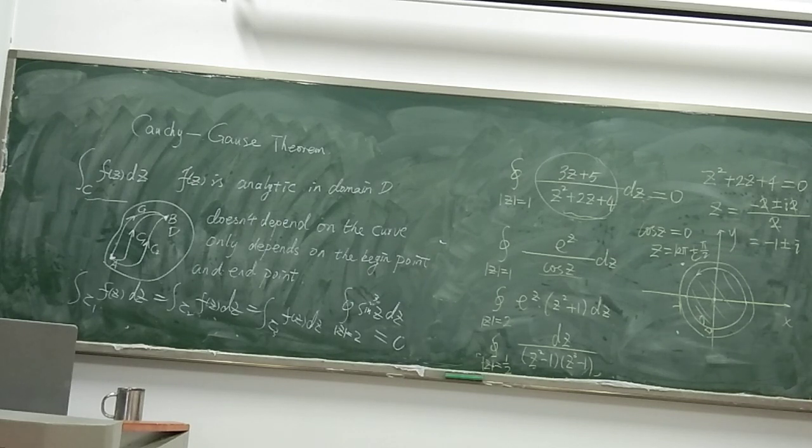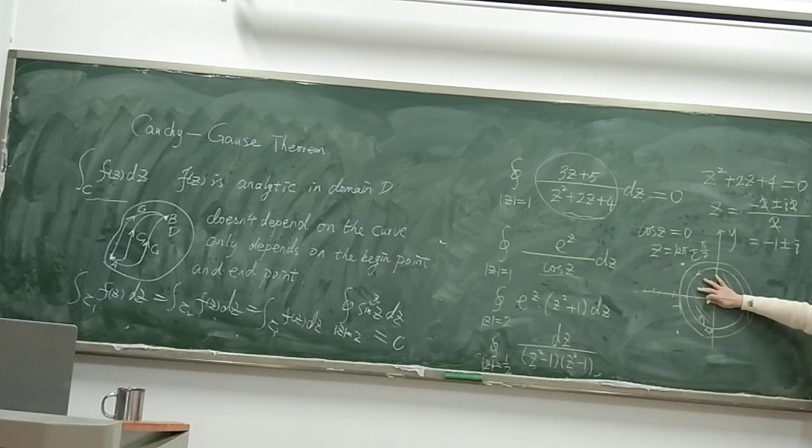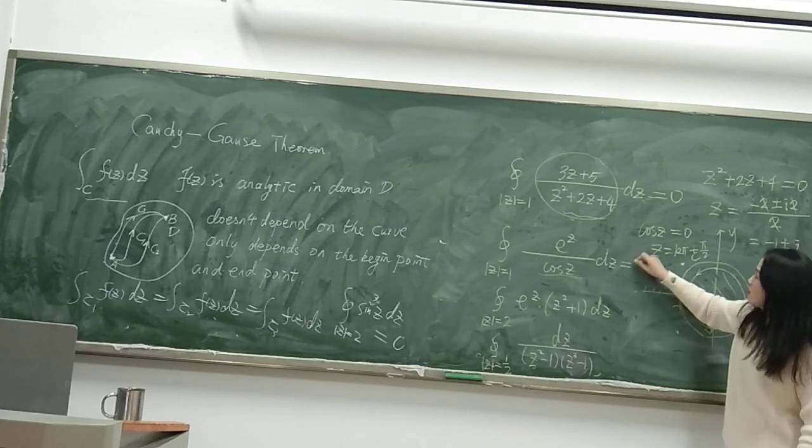Yes or no? So when k is 0, the first point is pi over 2. Pi over 2 is more than 1. So all the points are outside, not inside. So this one is also 0.